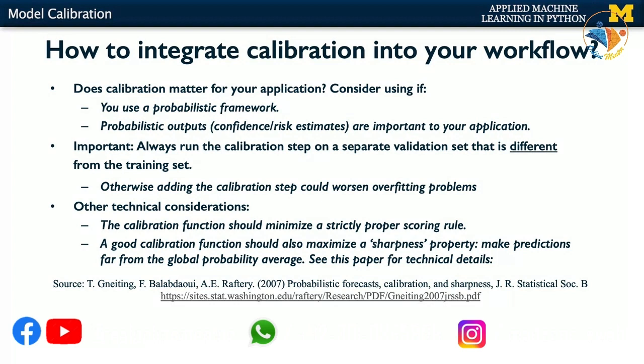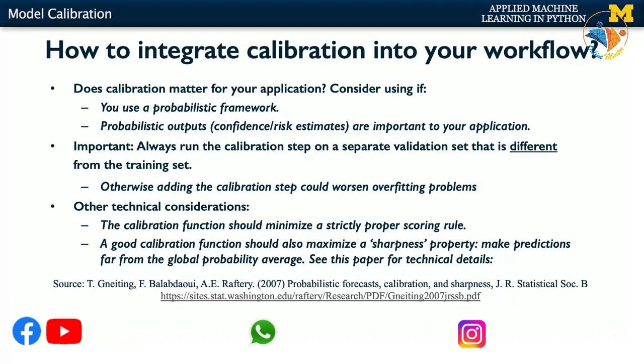There are some other technical considerations that, for the sake of time, I didn't go into. The calibration function, in addition to ideally being strictly increasing, should also minimize what's called the strictly proper scoring rule. And it should also ideally maximize what's called the sharpness property. That basically means that it should make predictions that are far from just the global probability average. If you want more details, I provided a paper at the bottom of this slide that goes into more of those technical considerations.